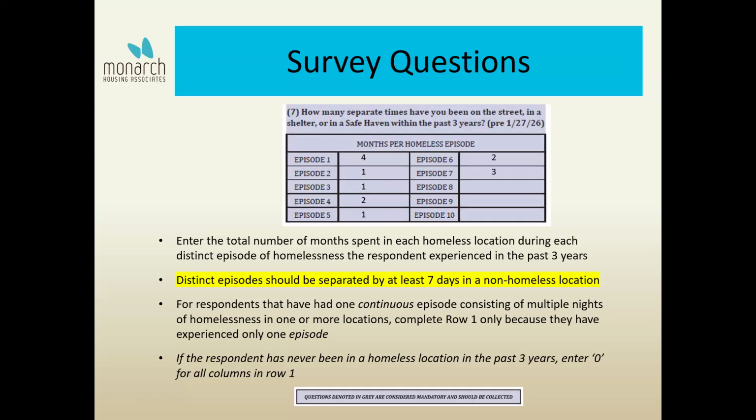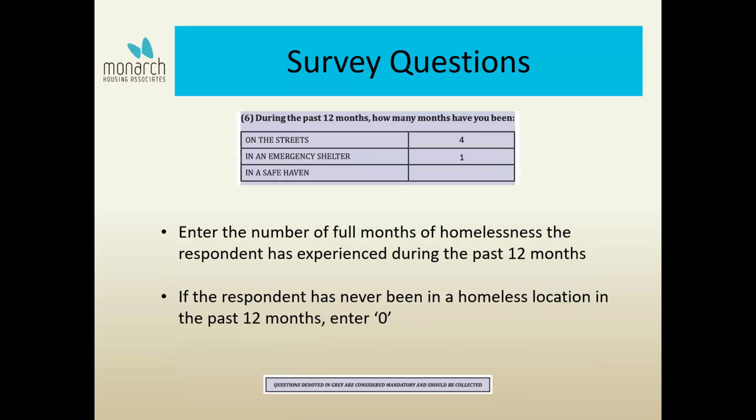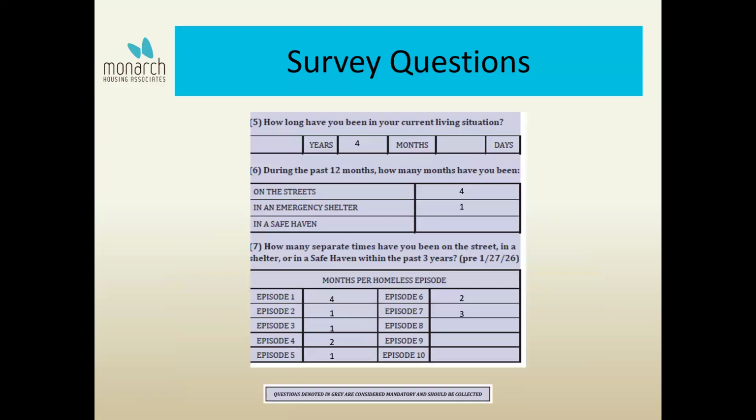The survey form for housing, it's past this screen here, going towards the end.